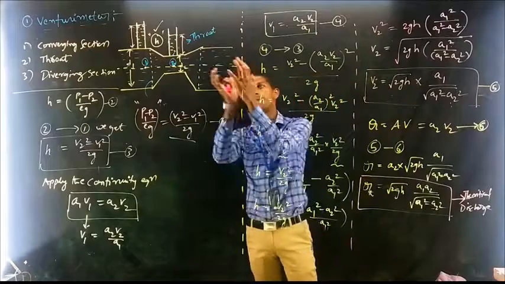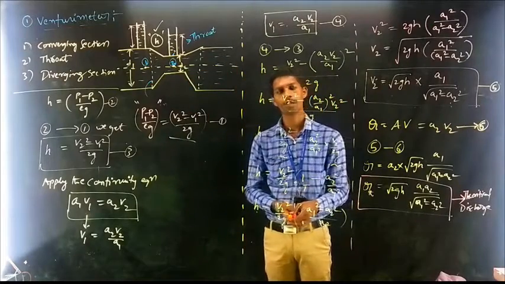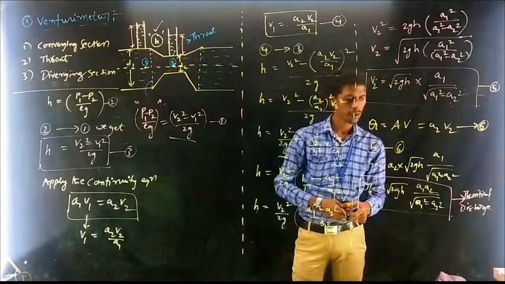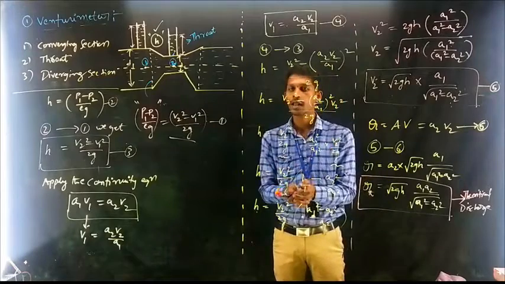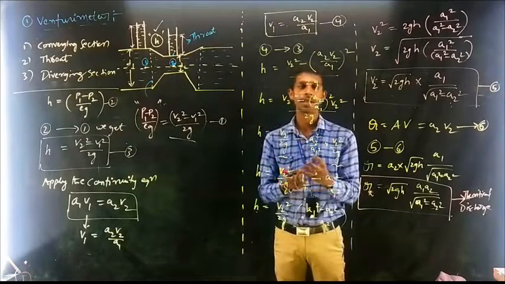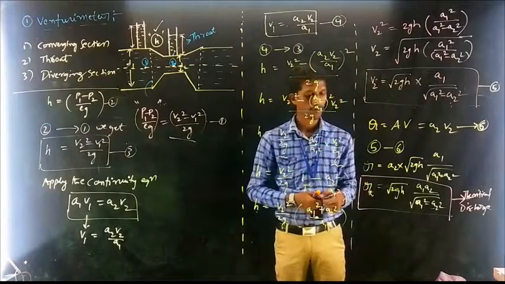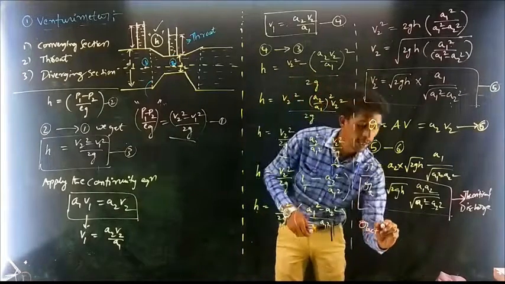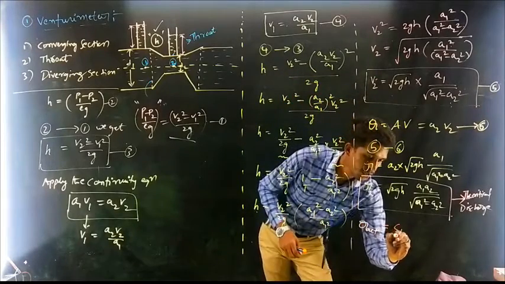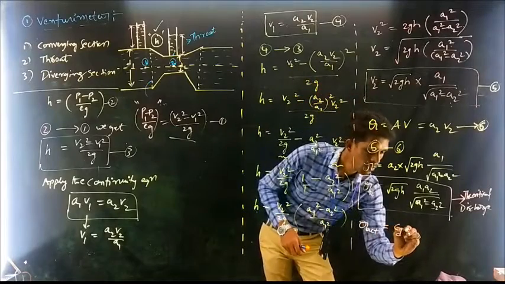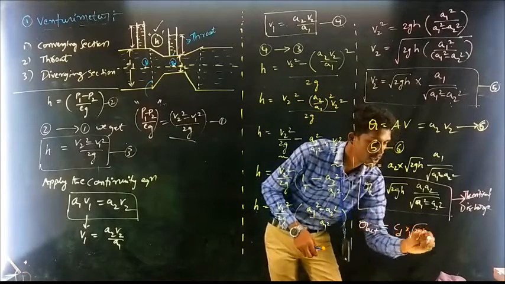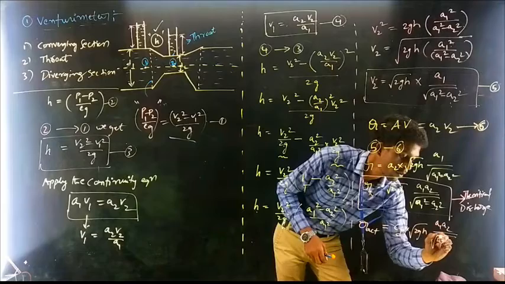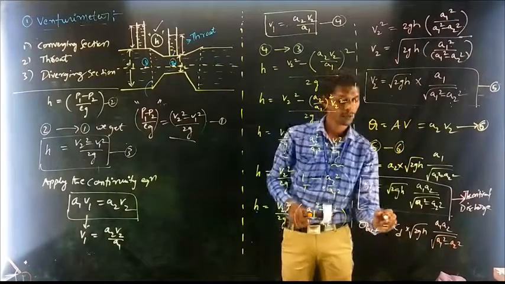So obviously the pipe section will contain some losses. If we consider the losses of the venturimeter also into account, that rate of flow, or that discharge by considering the losses, is basically called the actual discharge. Then what is the formula for actual discharge? Actual discharge is equal to coefficient of venturimeter multiplied by this value, 2GH into A1 A2 by square root of A1 square minus A2 square.